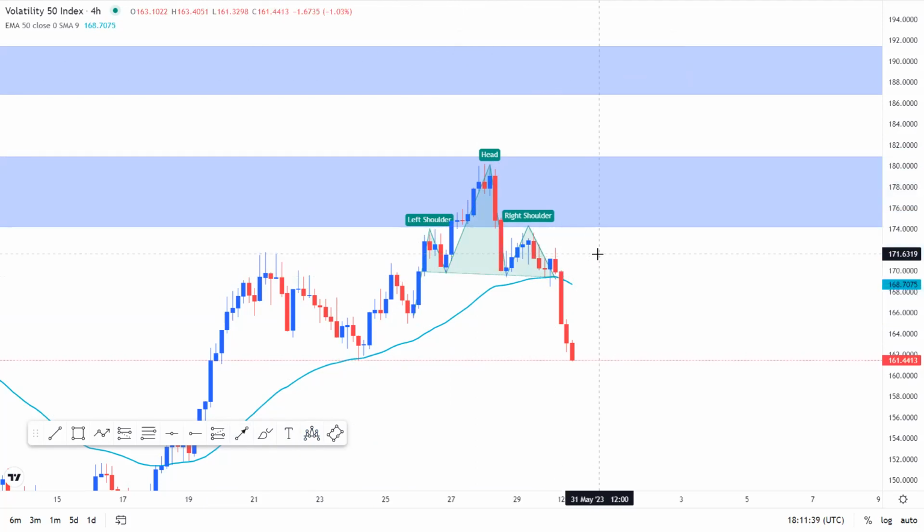A head and shoulder pattern is a reversal chart pattern. This is enough confirmation for sell, coupled with the fact that I've identified the shift in momentum, like I clearly explained a few seconds ago.